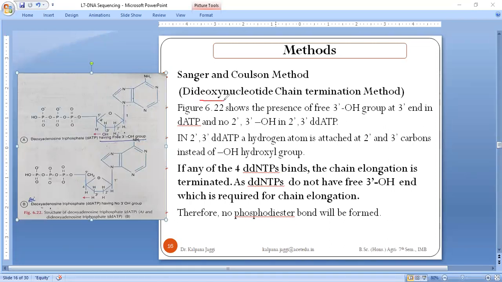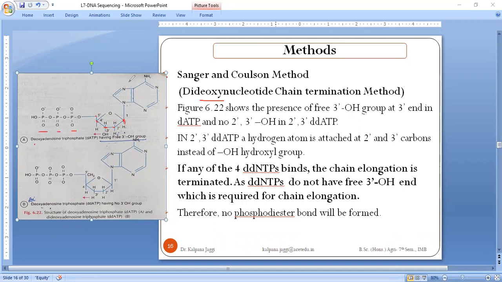deoxy, right? This is always 5 carbon, this is said to be 1 carbon. This point is the second carbon, this is the third carbon, the fourth carbon, and the fifth used to be here. This fifth carbon is further attached to 3 phosphate groups, and above it is attached to the base, right? So this is the reason it is said to be deoxynucleotide triphosphate.